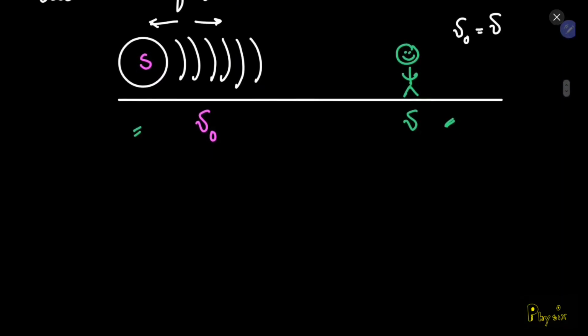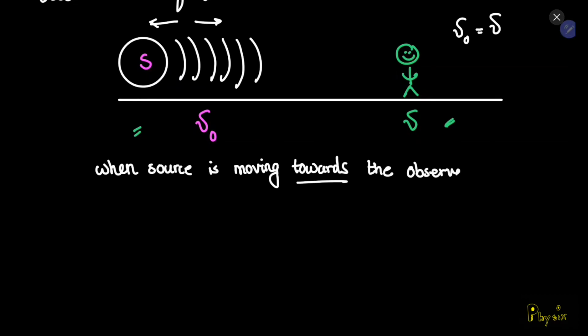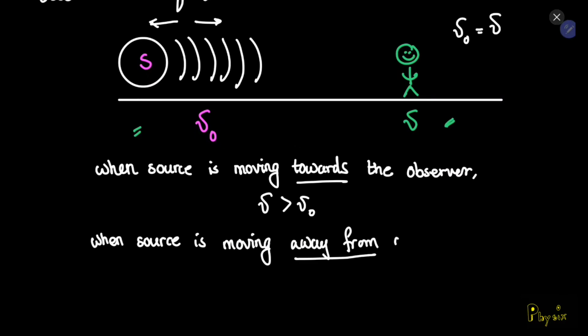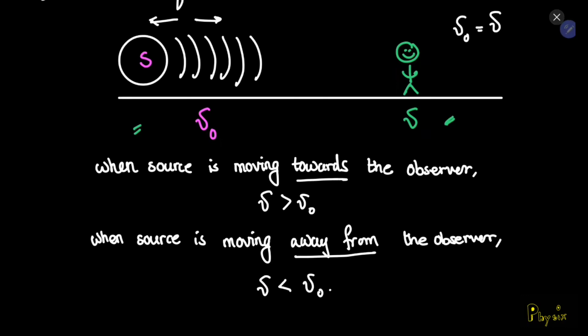Well, the Doppler's effect says that when the source is moving towards the observer, the experienced wave frequency would be much more than the actual source's frequency. But when it's moving away from the observer, the experienced wave frequency of the observer would be much less than the actual wave frequency emitted by the source.